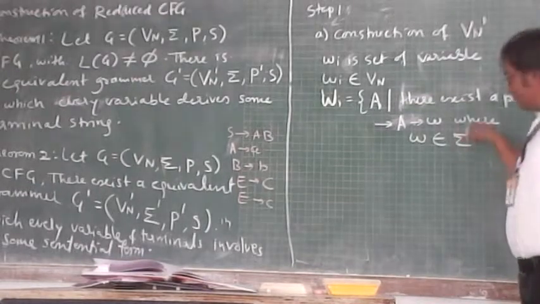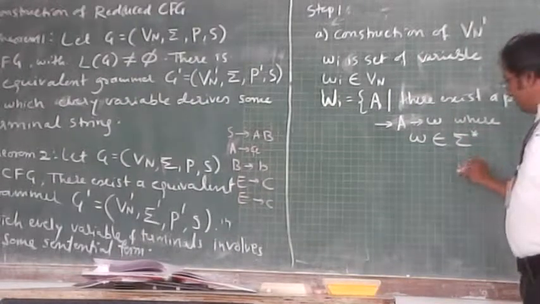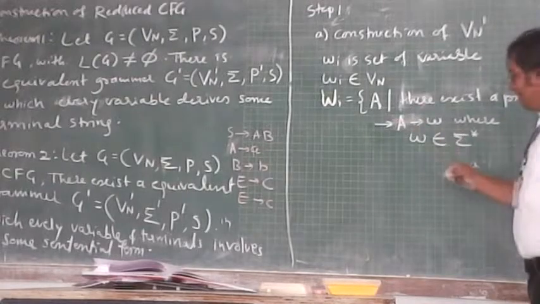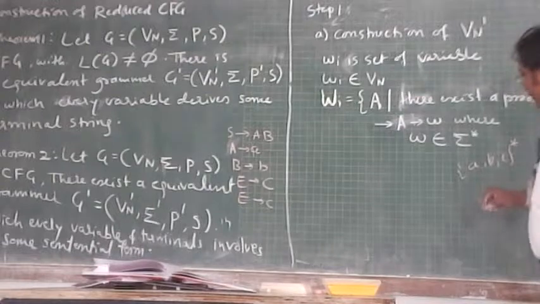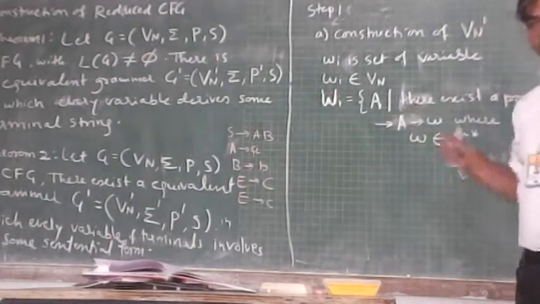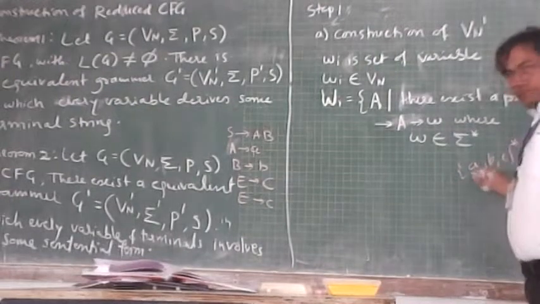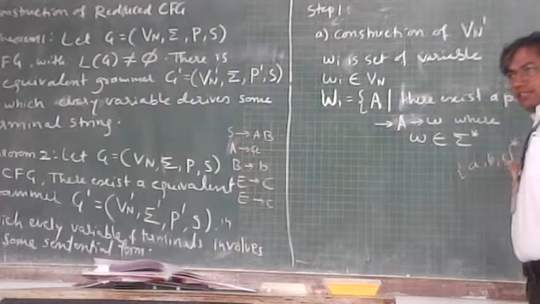If my sigma in this case is a, b, c, what is meant by a, comma, b, comma, c, comma, star? Here comma means or. Any 0 or more than 0 combinations of these terminals a, b, c.